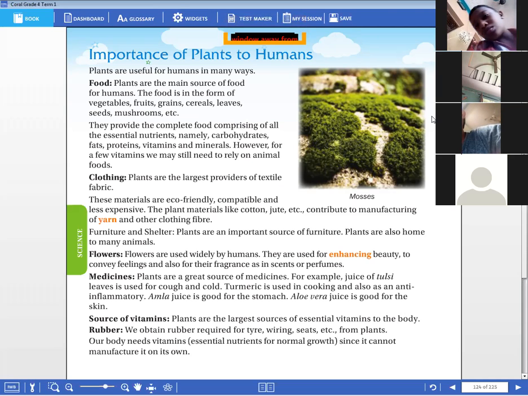Cereals. Mushrooms. Provide. Comprising.